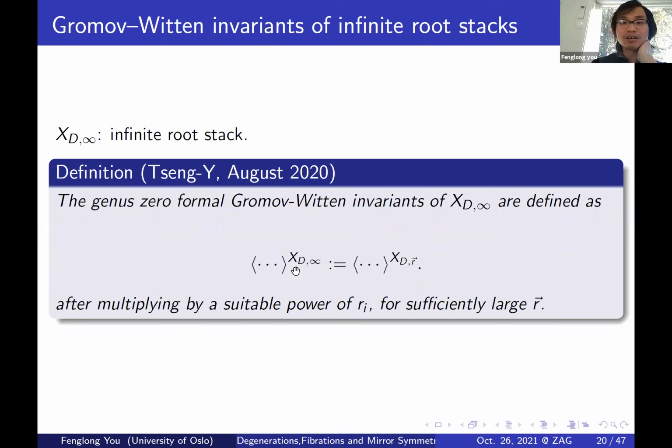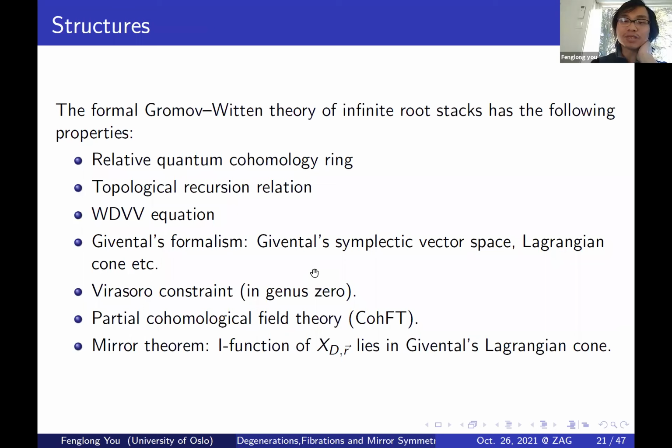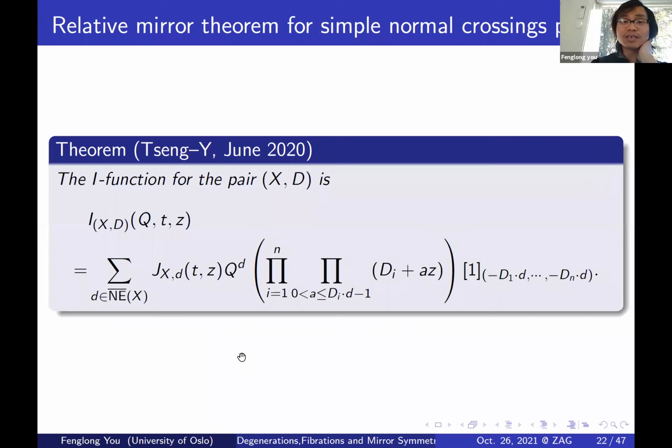If you know about log Gromov-Witten invariants, this invariant is not exactly the same as the log Gromov-Witten invariant, but it has some nice properties. It has all these nice structures, and we can use this to state a relative mirror symmetry for simple normal crossing pairs.